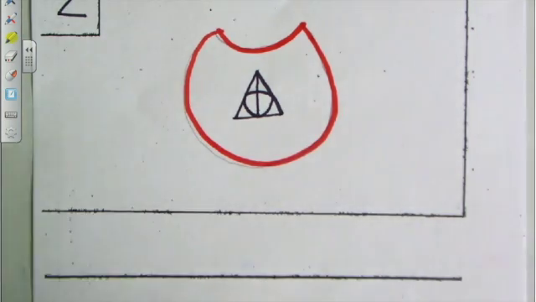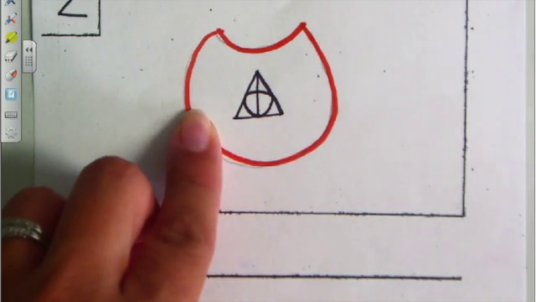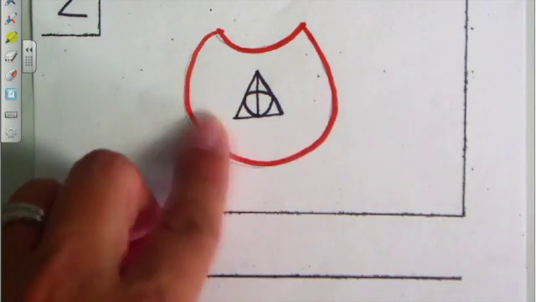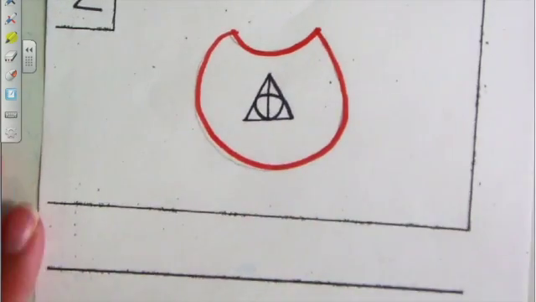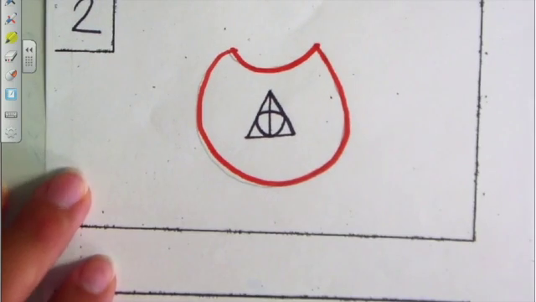What do I need to label in my picture to make sure my reader knows what is going on in my second step? Well, I'm carving a pumpkin, right? So it's important that they know that this is a pumpkin and not some random orange weird thing, right? So we're going to label pumpkin.